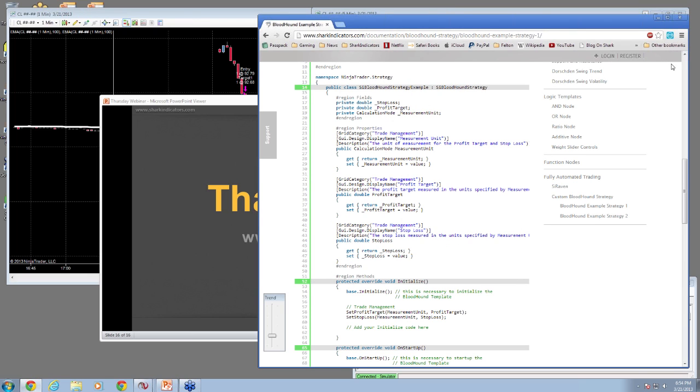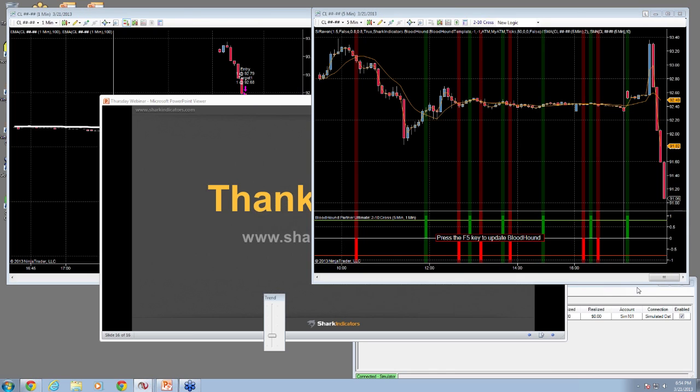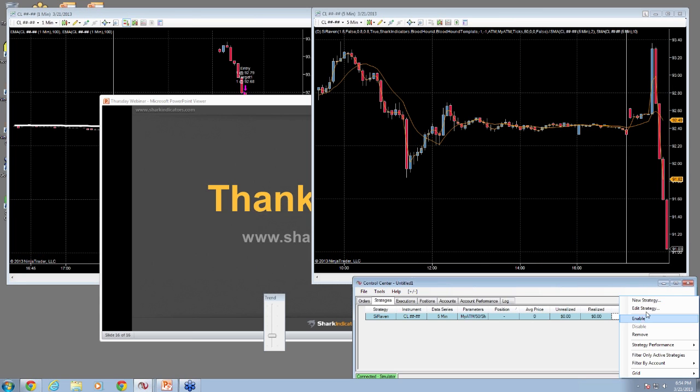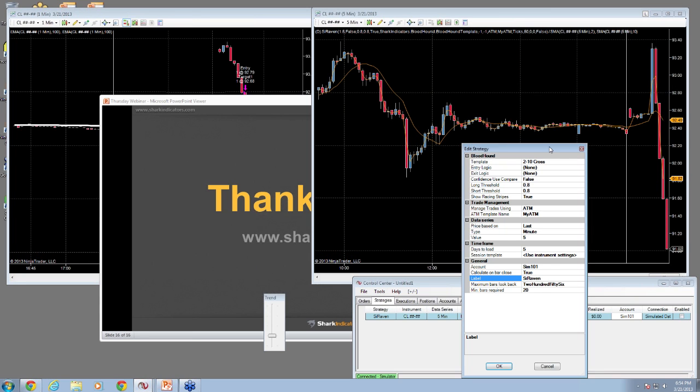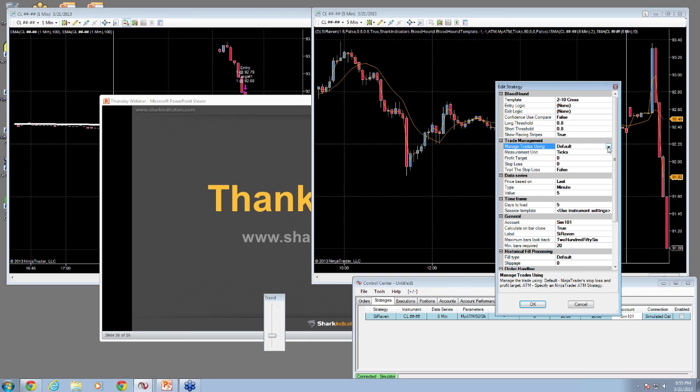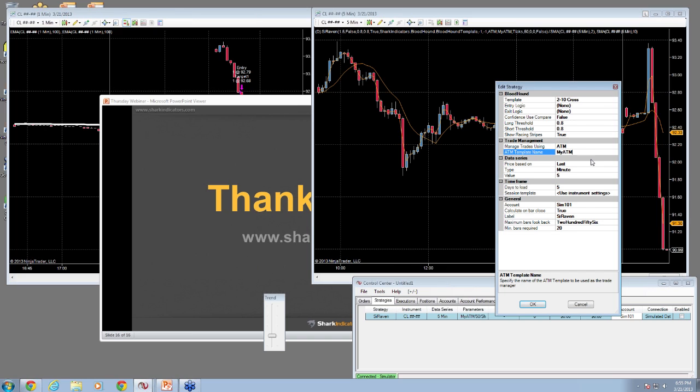I'll go through the settings real quick so you can see how that was done. Basically you use SI Raven, but under the trade manager section, instead of default, which is what it normally is, just select ATM and then type in the name of your ATM, and that's really all you've got to do.